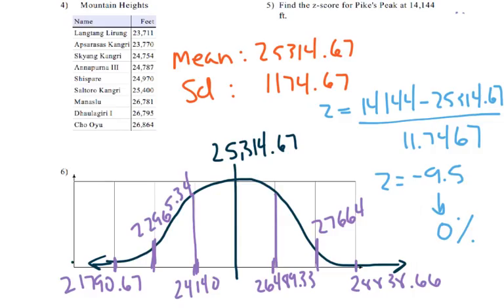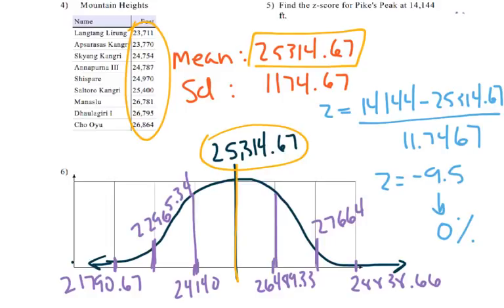Okay? So, if we look at the mountain one, you take all these, find the average, the mean, that's the number you get. That's the one that goes in the middle of your graph. Okay? Then to find the standard deviation, we take that average, subtract it from each number, square each of those numbers, find the average of the new ones, take the square root of it, that gave us our standard deviation.